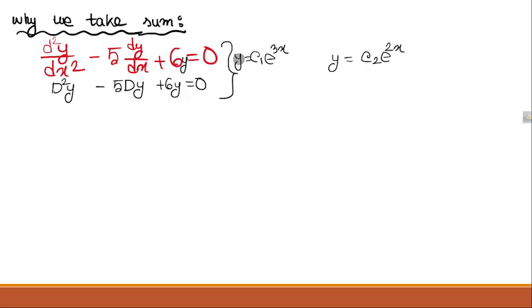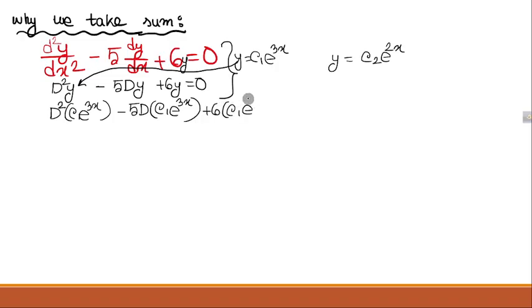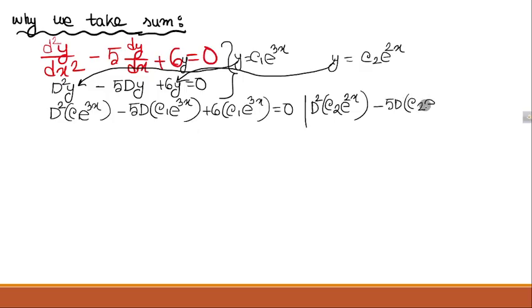So I can write this y here, and I will get d square c1 e to the power 3x, then minus 5d c1 e to the power 3x, plus 6 c1 e to the power 3x. And if I again write this y in this equation, I will have d square c2 e to the power 2x, then minus 5d c2 e to the power 2x, then 6 c2 e to the power 2x.